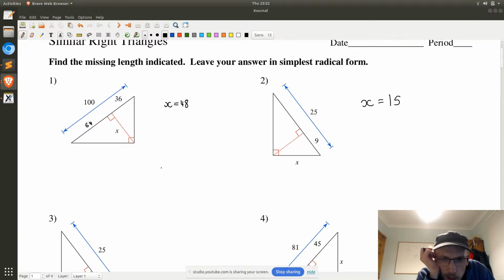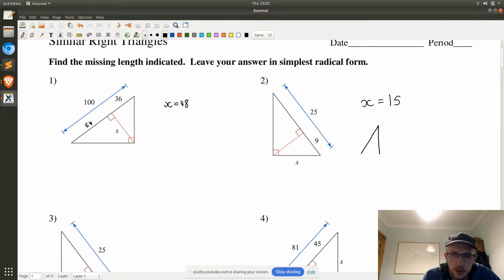Come on, try and figure out how it works just using simple-minded thinking. Okay, so let's just draw a picture here.